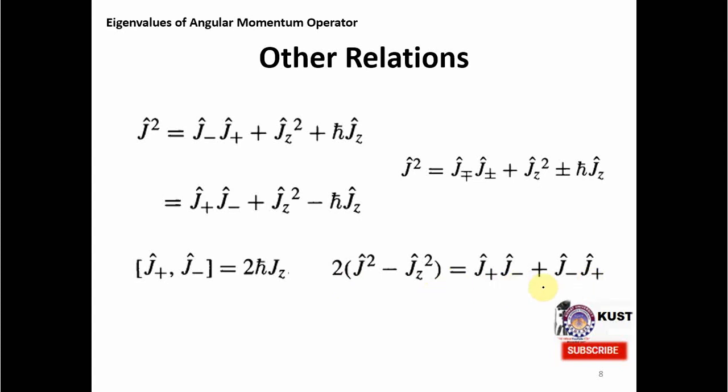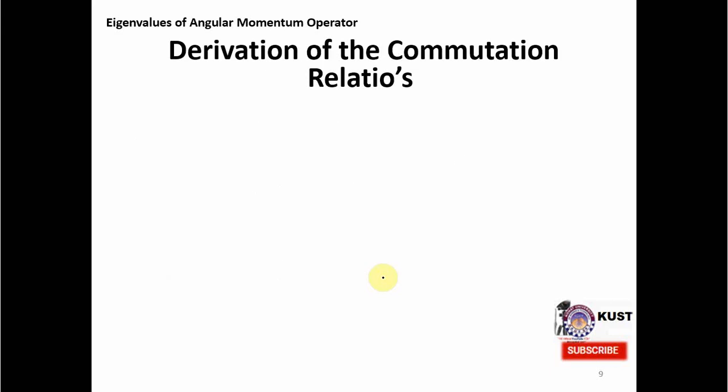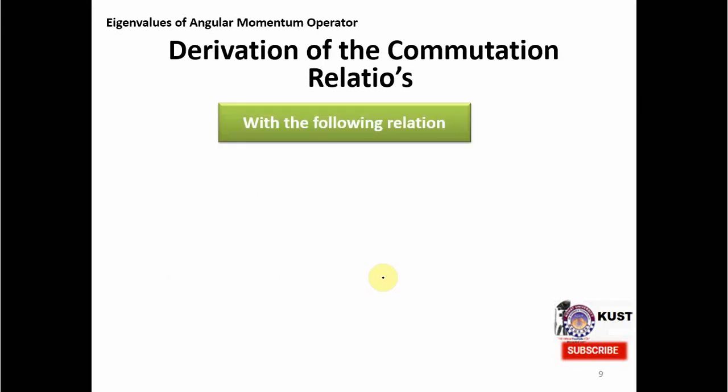You can verify these properties by putting in the values of j square and jz, or by going from the right side, putting in the values of j plus and j minus, and doing the calculations. You will arrive at the left hand side. As I promised, I will derive one of them for you, and the rest are similar, so you can do the calculations easily.